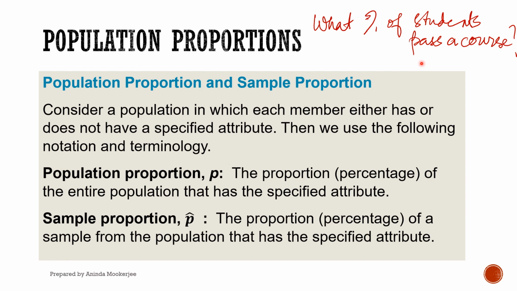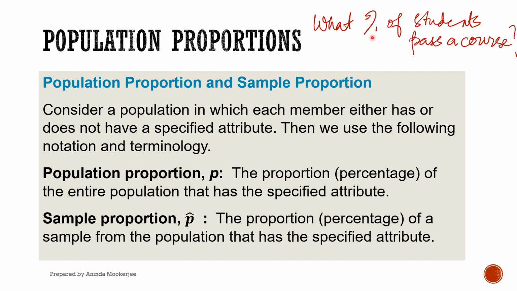So when I send out my survey to my students, the question presented to them is, did you pass the course? And I'm looking for how many students responded as yes. If they have responded to the question as yes, they have met the specified attribute.